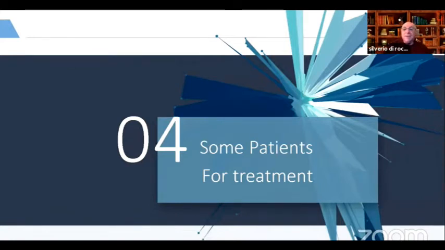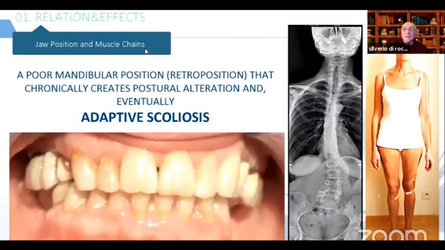This is some patients that we can treat with the M.P.R. We normally talking about scoliosis. In our point of view, most of the scoliosis are functional scoliosis. That means adaptation to this aggression we are talking before, who is acting this aggression to the muscle chain and is creating the adaptation of the scoliosis.